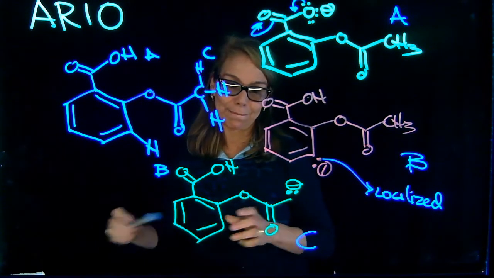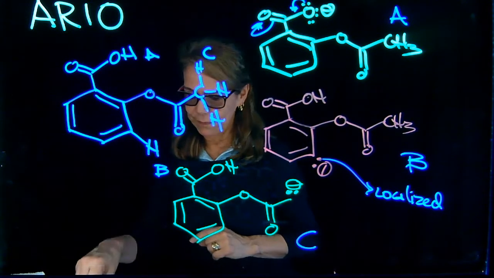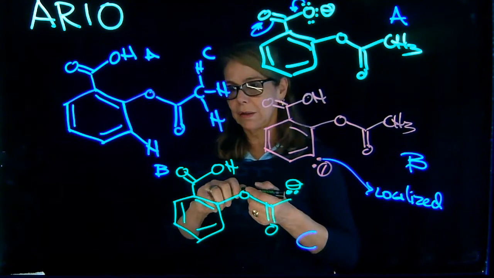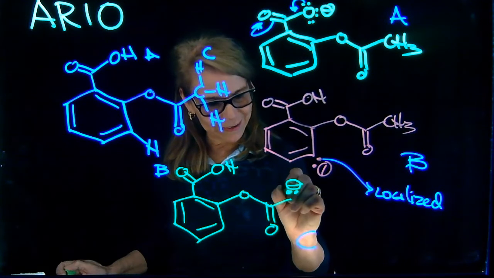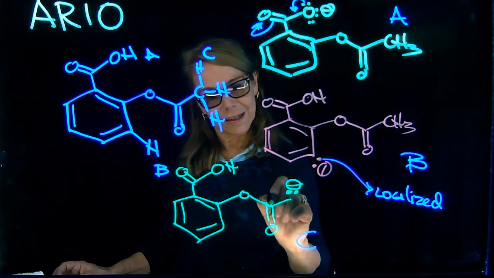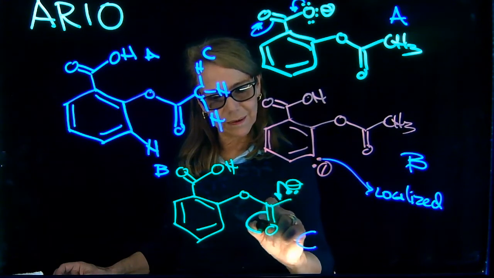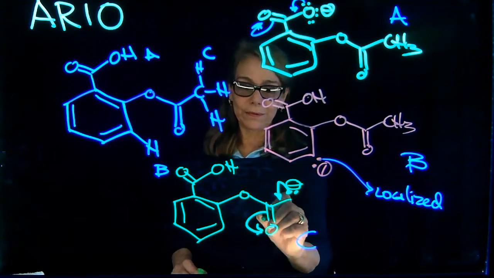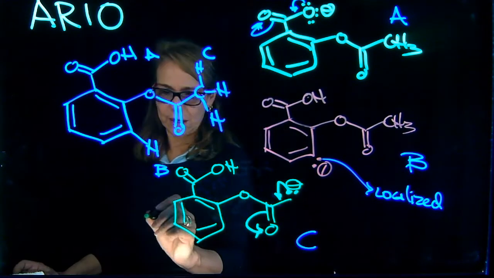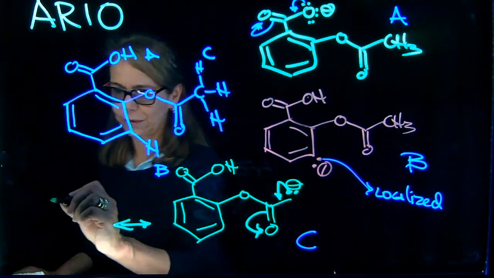if I consider the structure C, the hydrogen C, notice that the pair of electrons here is allylic, so next to a double bond. So I can do resonance this way. And the resonance structure that results, let's throw it over here.